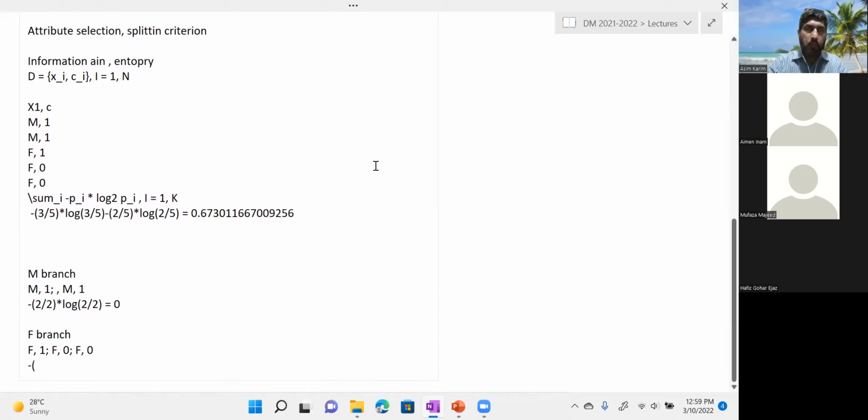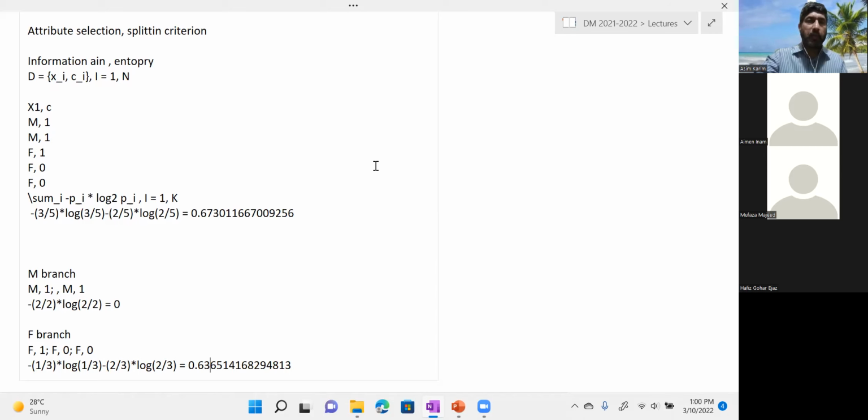Minus 1/3 into log 1/3 minus 2/3 into log 2/3. So 0.635.